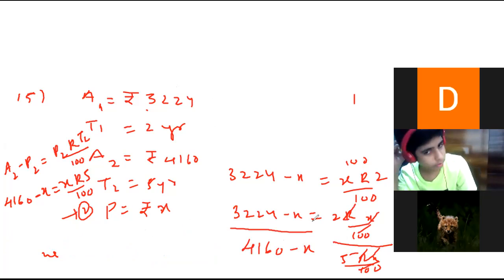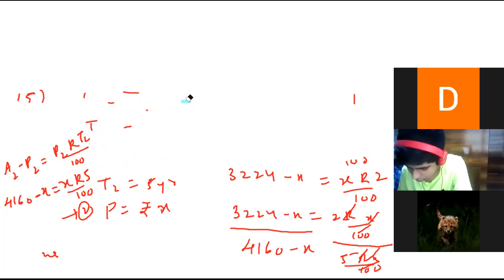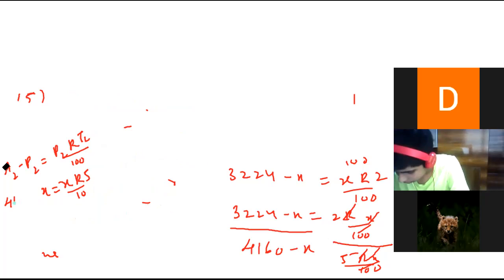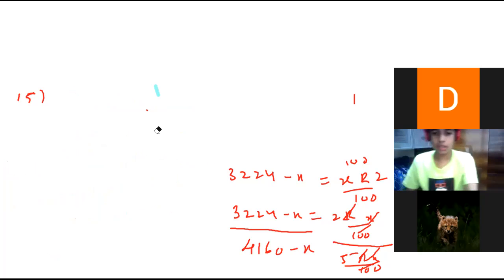Do this much. Now it is just two lines more.